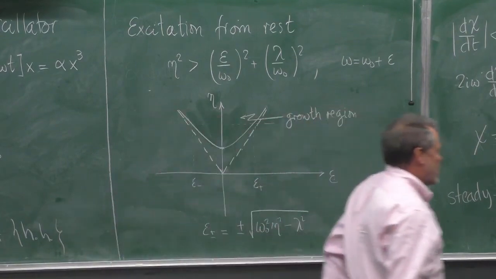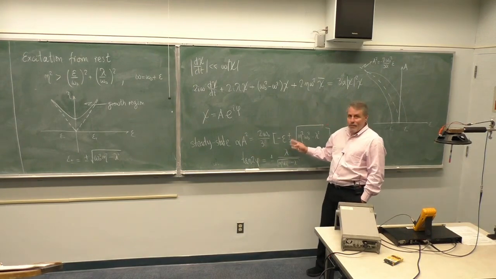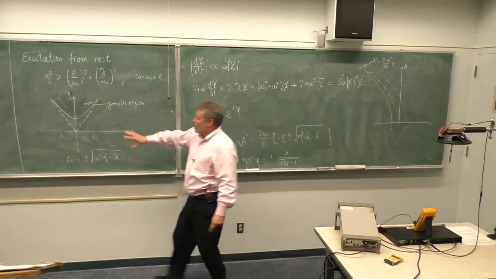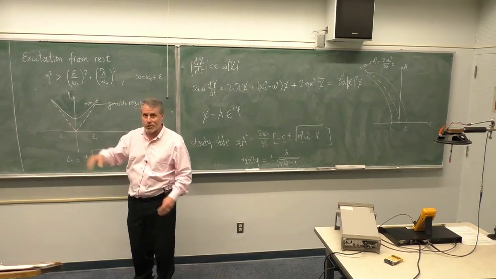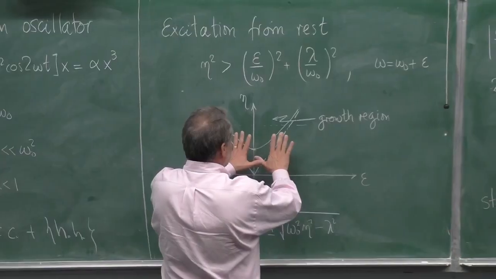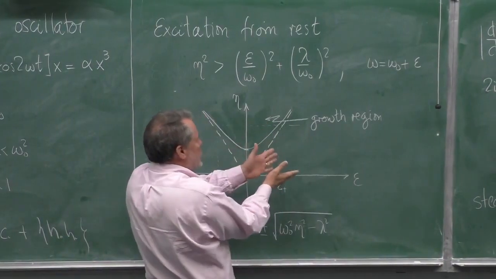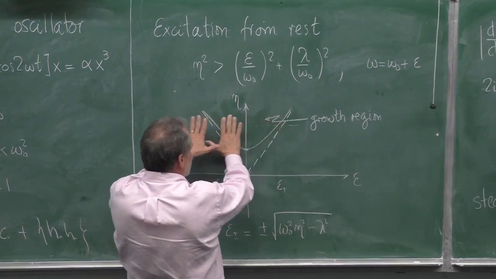In the nonlinear case, when alpha is not 0, even when I am in what was the growth region, I can get a steady state solution, because as I mentioned to you yesterday, when the amplitude grows, the nonlinearity sets in, and that is equivalent to the shifting of this curve.